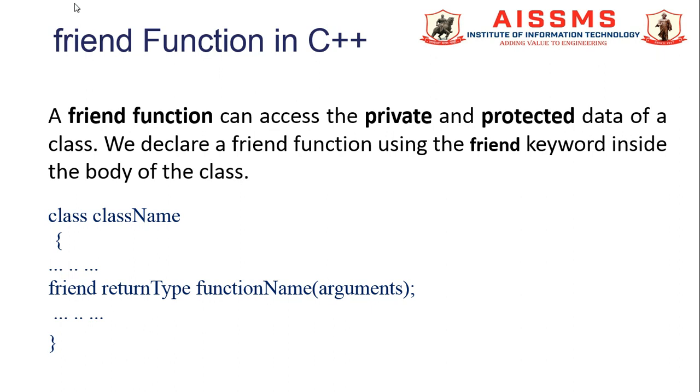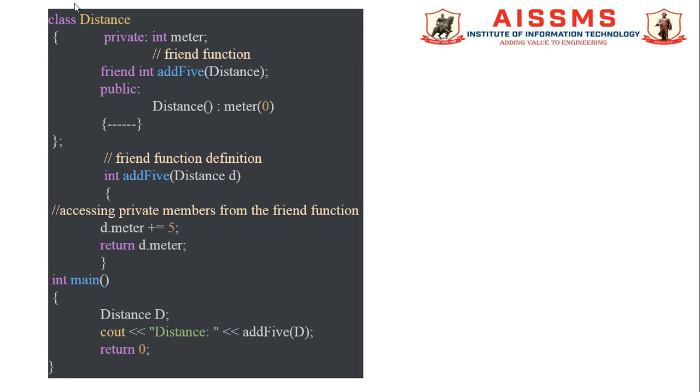There are two alternative options to access the private members. First is to make the private members public so that any function can access them, but this violates the data hiding property of object oriented programming. So for the other mechanism for accessing the private members, we use a special function, that is the friend function.